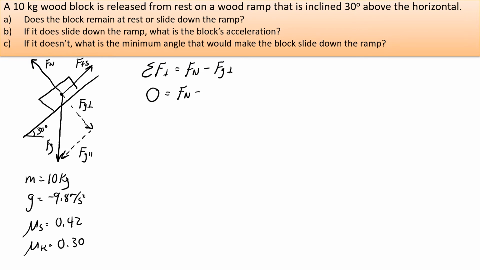Minus, now Fg perpendicular. Okay, remember this one? This angle is the same as this angle, so this is 30 degrees. And now you have your right triangle. Fg perpendicular, is that opposite, adjacent, or hypotenuse? That's adjacent. Now we'll be able to determine Fg because we know the mass. Is Fg the opposite, adjacent, or hypotenuse?